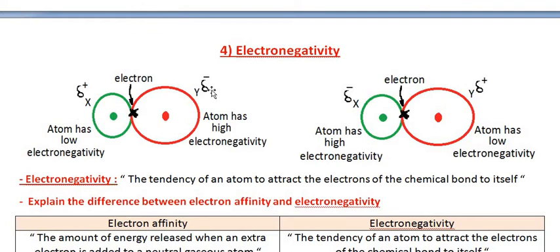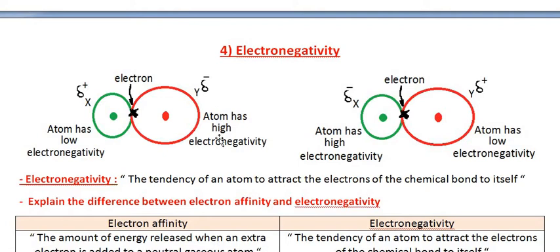So electronegativity is a measure of the ability of the atom to attract electrons of the bond, not free atoms. Electrons of the bond are attracted between two atoms. The atom which attracts electrons strongly has higher electronegativity, and the atom which attracts electrons weakly has low electronegativity.